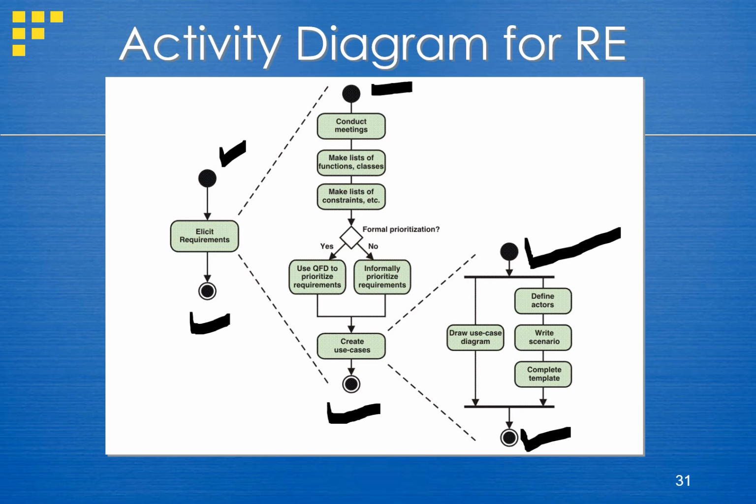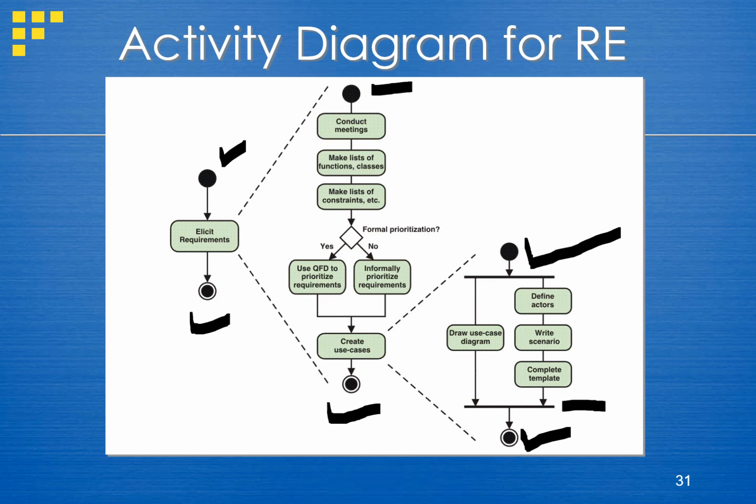But when these two arrows are joined here at one more synchronization bar, you will get one output which will go to the final state. That means two inputs and one output. Such a thing is called a join.